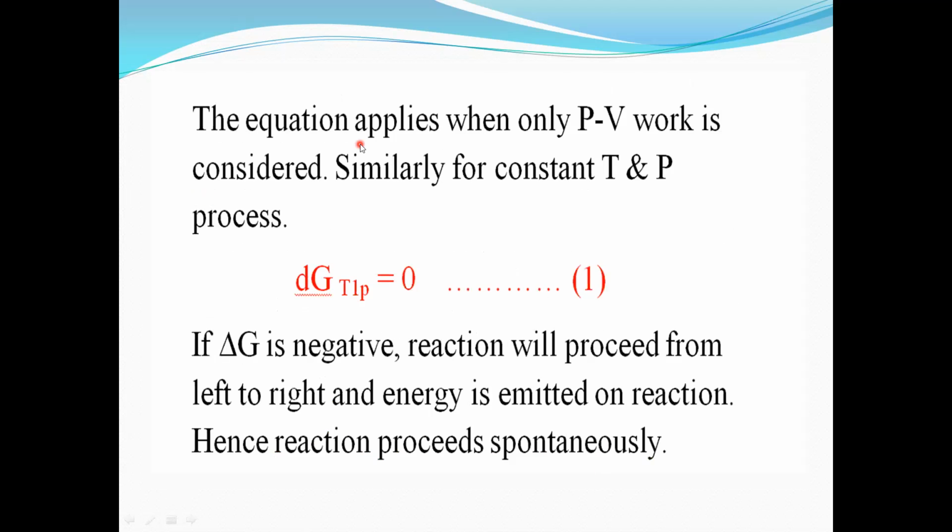Now the equation applies when only PV work, that is pressure-volume work, is considered. Similarly, for constant T and P we can write dG, the change in Gibbs free energy, at constant temperature and pressure, equal to 0.